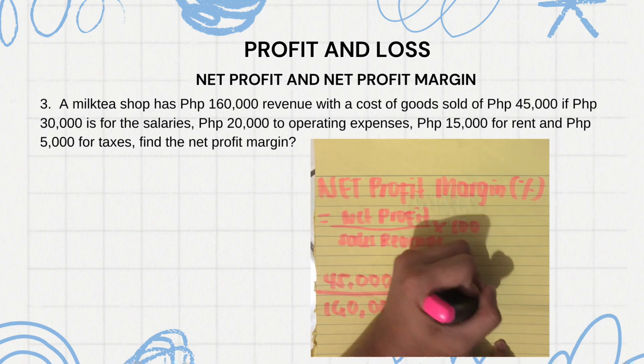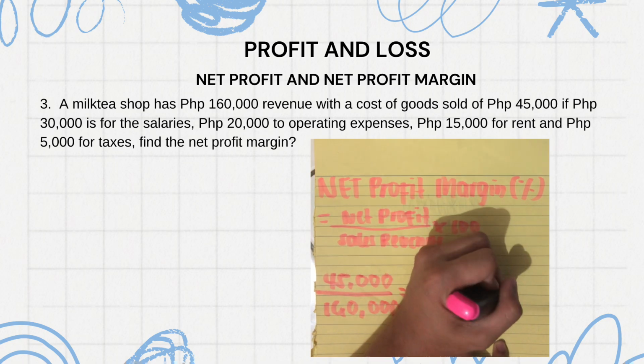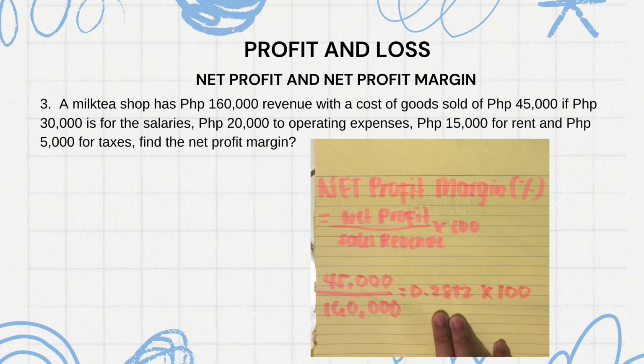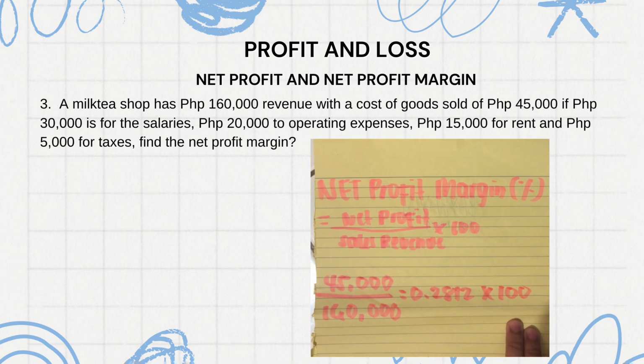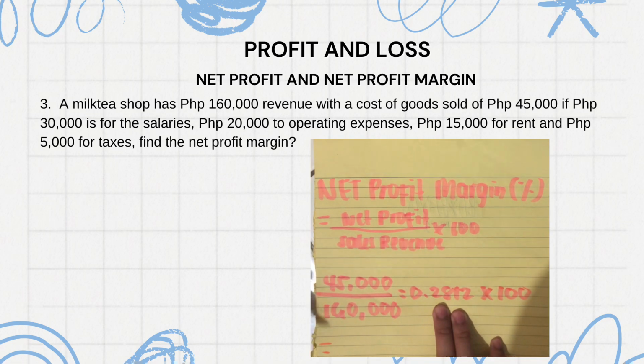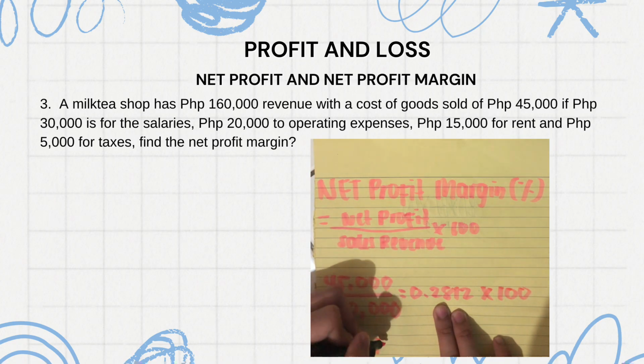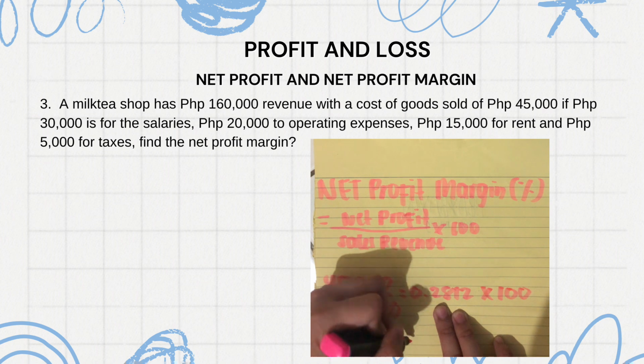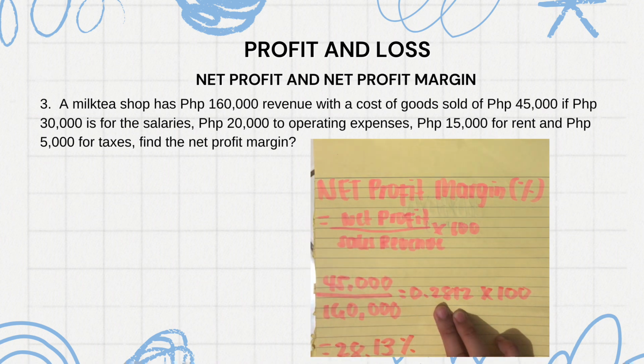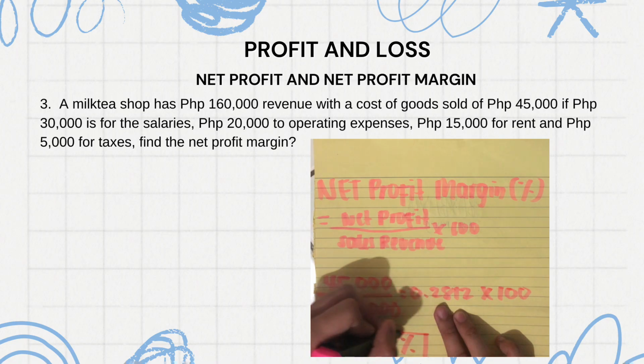Multiply again by 100 to get a percentage. So equals 28.13%. Here is our answer for the net profit margin.